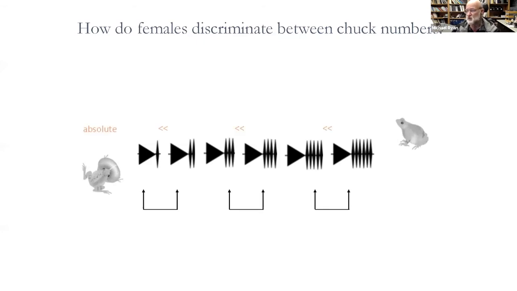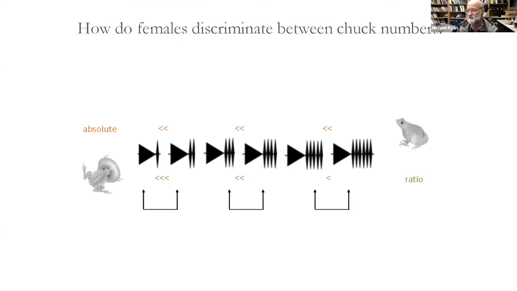So he asked a simple question: are the females making these comparisons based on absolute difference in the numbers of chucks? If they are using absolute differences, then the strength of the preference between 6 and 5, let's say, and 4 and 3, and 2 and 1 should be the same. And by the strength of the preference, we mean at a population level, so the probability that a female would prefer more chucks.